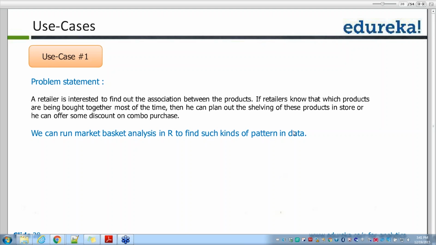This particular use case is called market basket analysis, wherein, using what's called association rule mining, you can identify which product usually goes with which other product by examining the several different baskets or orders placed with a retail store or an e-commerce store. And the applications are many.